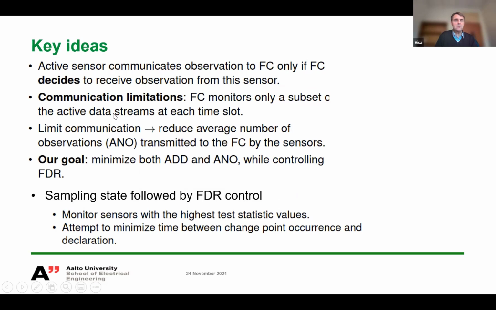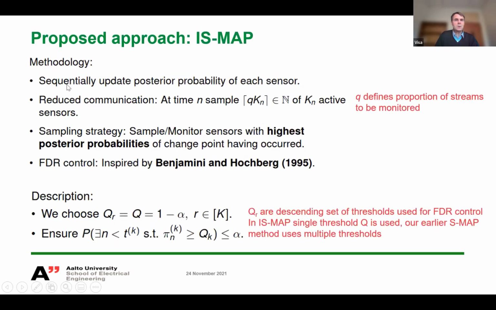All right, so the idea here is that we wish to minimize both average detection delay and average number of observations while controlling these false positives. So we will use the sequential formula that I showed you already to update these posterior probabilities for each sensor, and we will have selected some proportion of the sensors to be monitored.